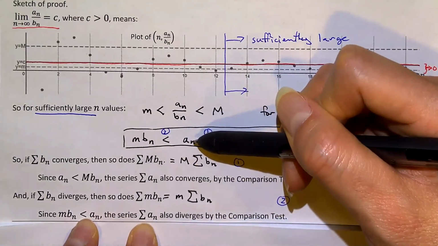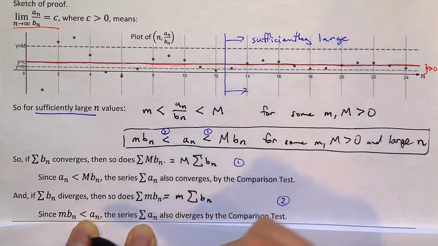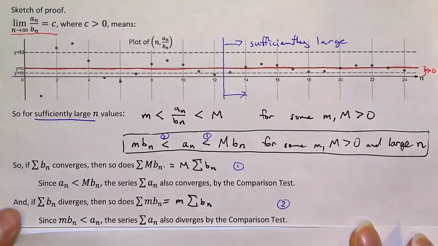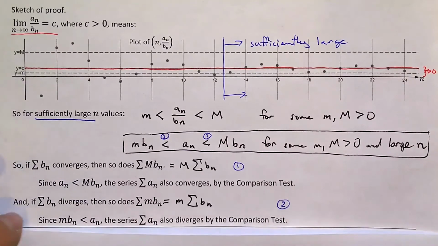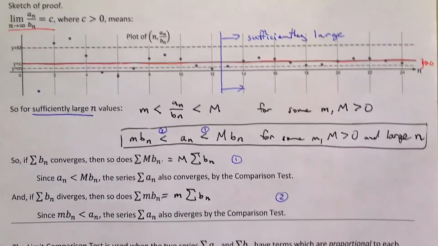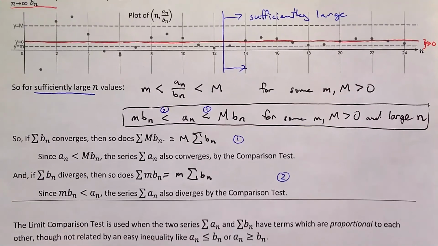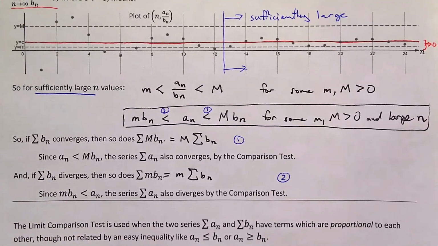So remember, divergent series, if you have a larger series, then it also diverges. That's our comparison test. All right, so this allows us to basically make comparison tests in situations that might be a little bit more tricky for the previous comparison test. Okay, this is called our limit comparison test.